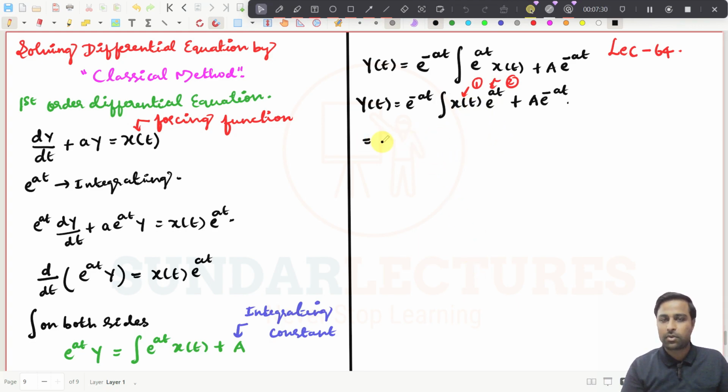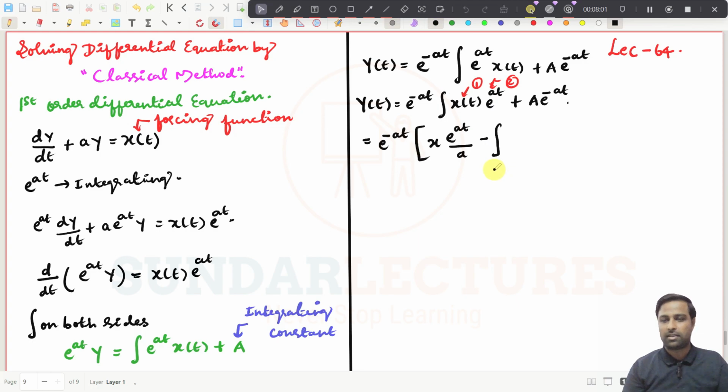So this will be equal to e power minus at. See, I have to put a bracket. In integrating by parts, what you have to do is keep this x as it is, and then integrate this one. It will be e power at by a, I know that, and minus integration of the differentiation of this one and the integration of this one.